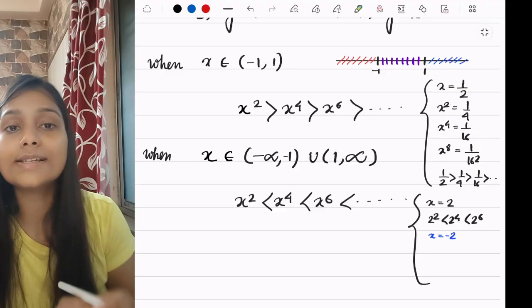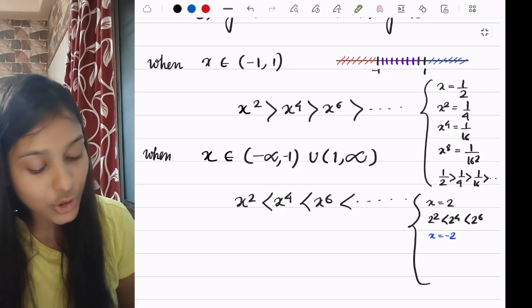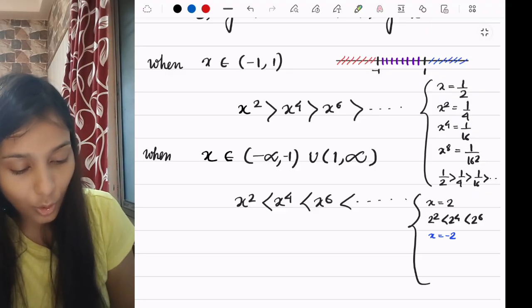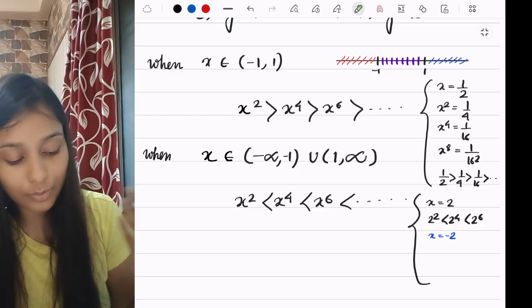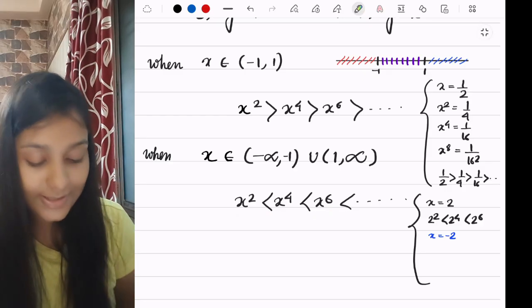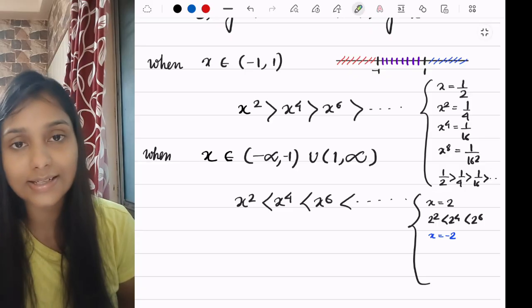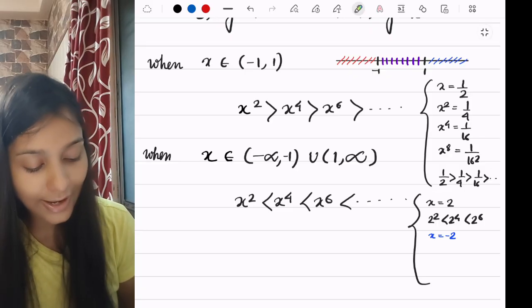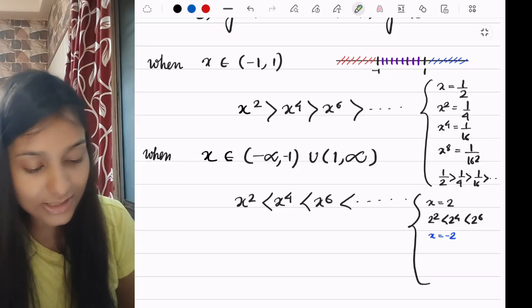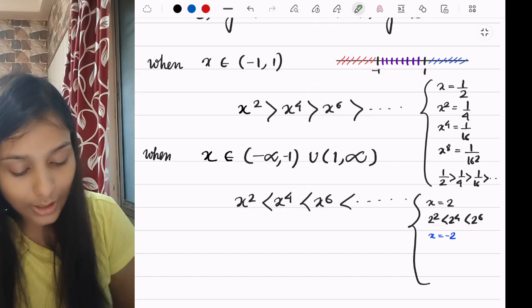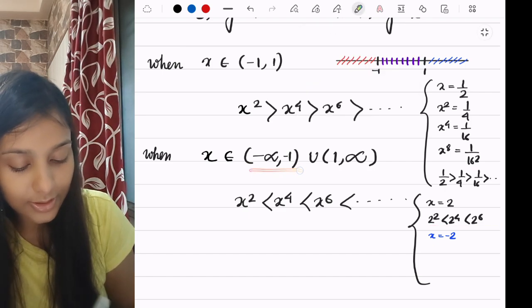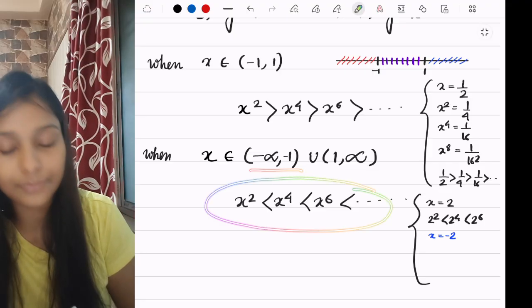Since these are even powers, all the signs will become positive, and from that it already satisfies this inequality. So again, in this interval we have this inequality.